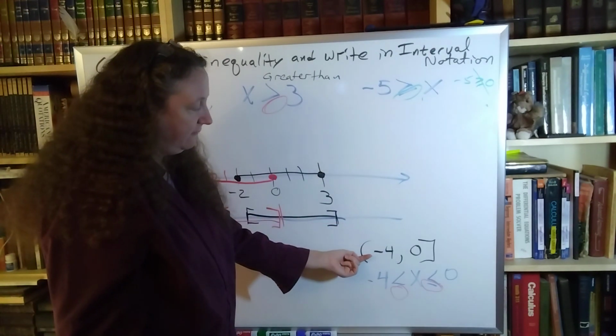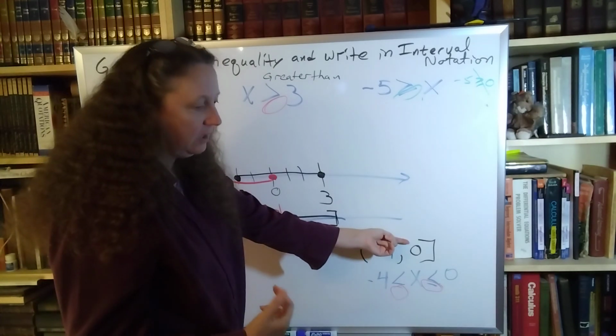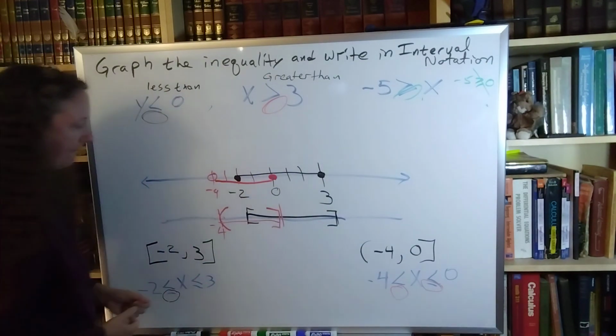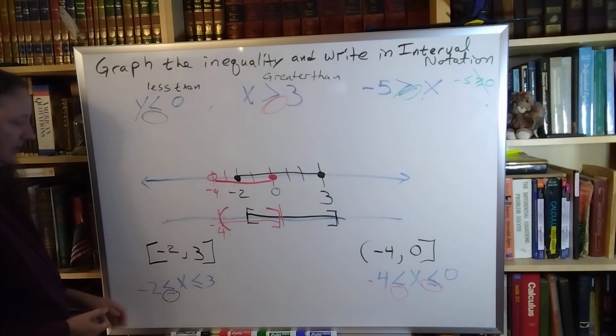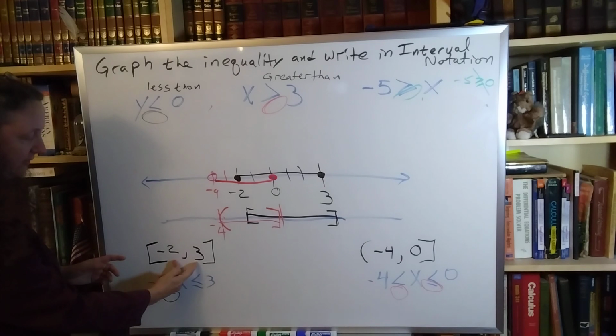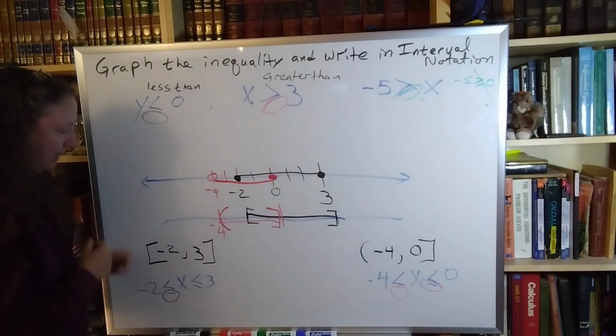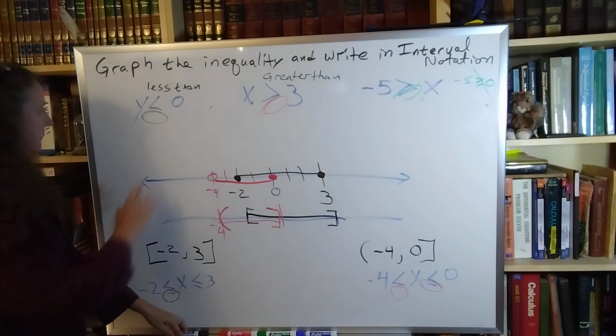So -4, but not actually -4, up to 0, including 0. So seeing it with the two numbers on each of them helps you to figure out a little bit more what this is talking about before we go up to this stuff.